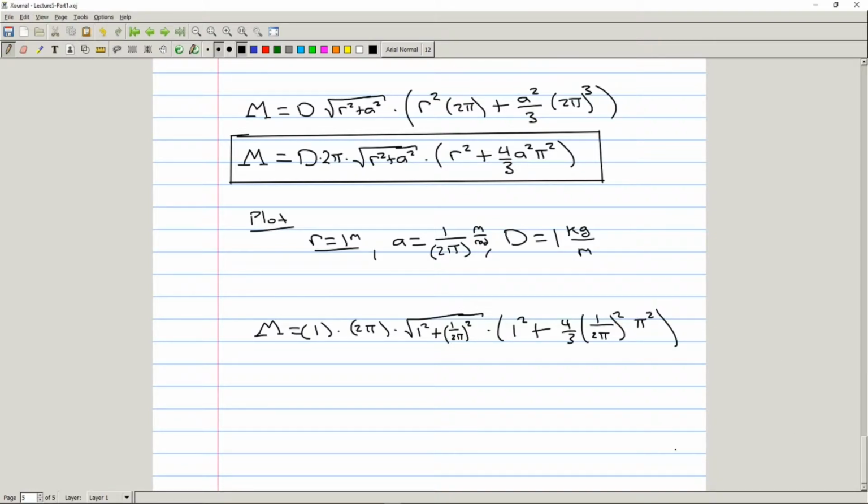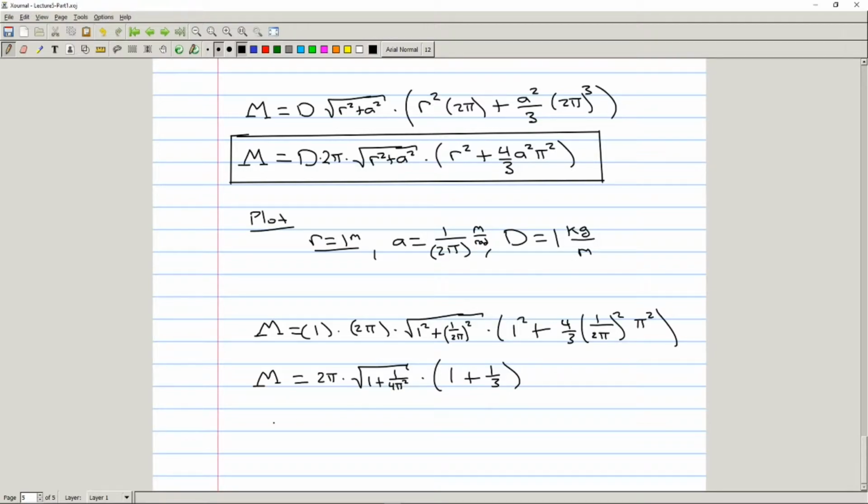You get a super nice simplification. This is going to be 2 pi times the square root of 1 plus 1 over 4 pi squared times 1. And you have here 4 over 2 squared is going to be 1, and pi squared over pi squared, which is also 1. So this is just 1/3.